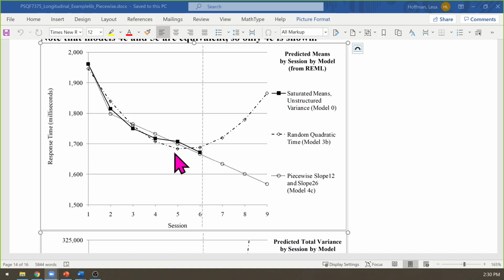How many parameters did I spend in the model for the means to capture this trajectory with my 2 slopes? I have 1 intercept and 2 slopes. That's 3, right? How many possible? How many occasions am I trying to capture with my 3 fixed effects? 6.